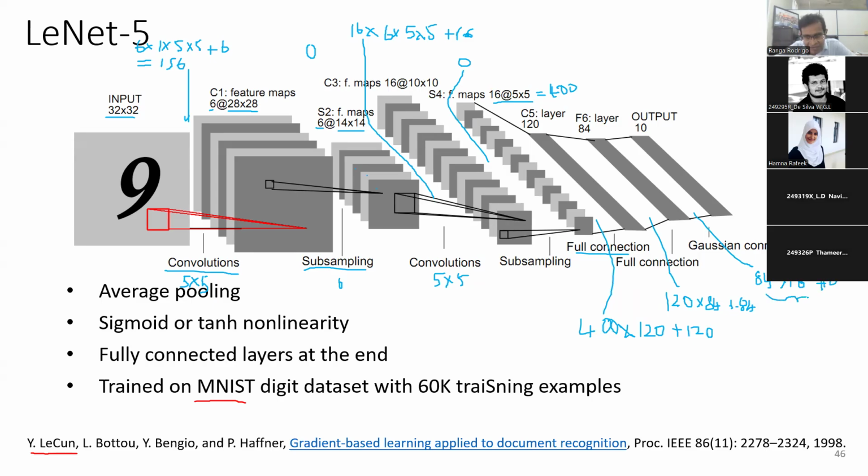This one is easy to calculate. That's equal to 850. Others also you can calculate and see how many learnable parameters are there throughout this network.